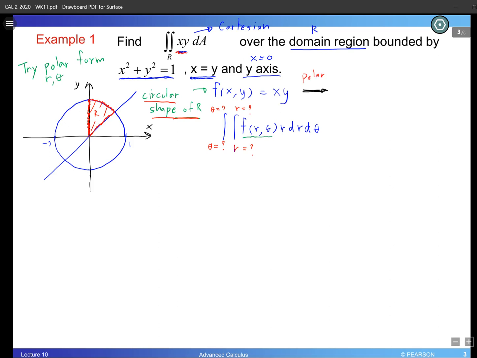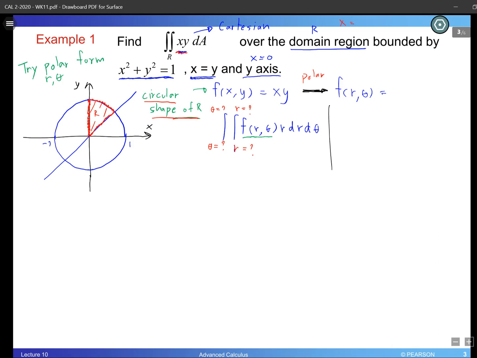So first of all, let me put this function of r and theta is what we want. Okay, let me put a boundary right here. Okay, this is what we want. So I'm going to use the relationship that we built in the first slide. We have talked about this.